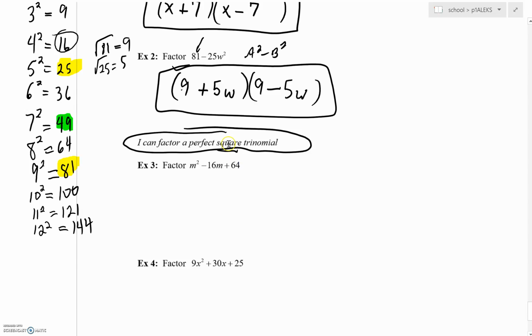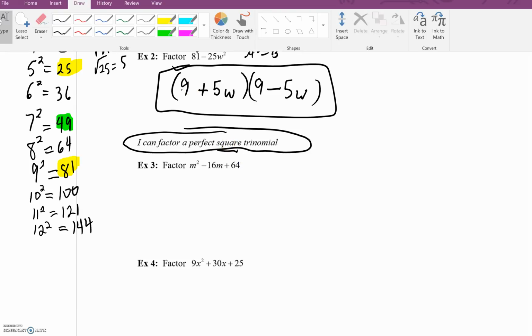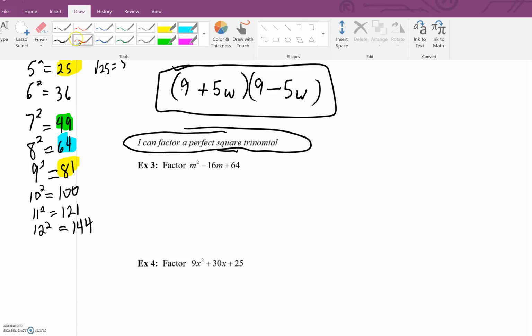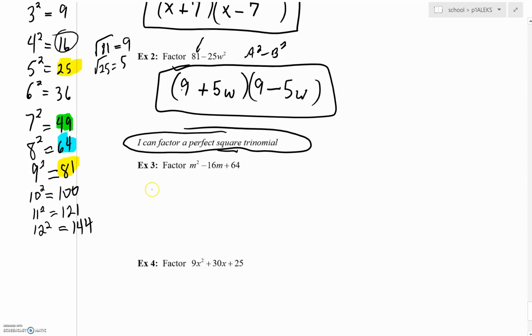Just in the last part, you see 64. I hope that is jumping out at you. You can see we're going to have a 64 here. So your parentheses will be identical when you have a perfect square trinomial. You can have an m and an m.